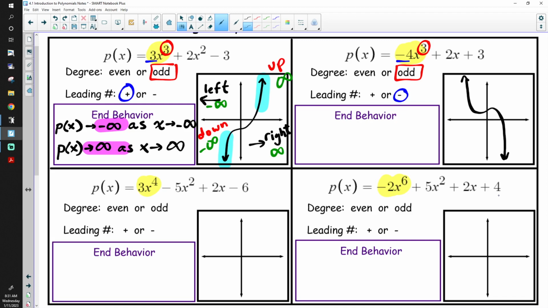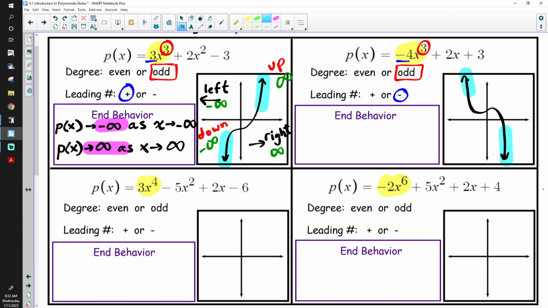When we look at the end behavior, what's different this time? On the left side, instead of going down, what's it doing? It's going up. On the right side, instead of going up, now it's going down. When that front number became negative, the graph just did this. It's like a reflection. It just flipped.